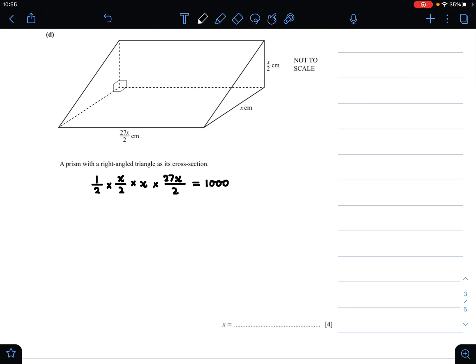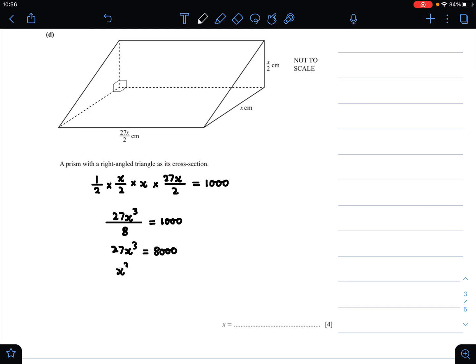So now all we need to do is find the value of x, or solve this equation for x. So x multiplied by x is x square, and 27x multiplied by x square is equal to 27x cube divided by 2 times 2 times 2 is equal to 8, which is equal to 1000. So therefore 27x cube is equal to 8000.